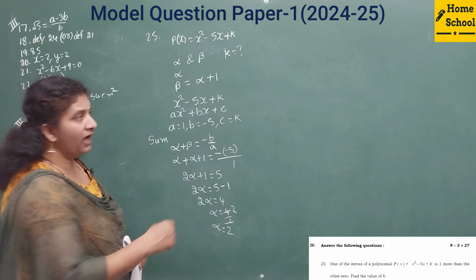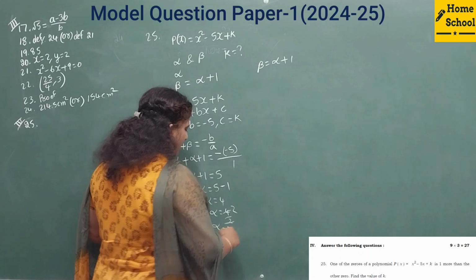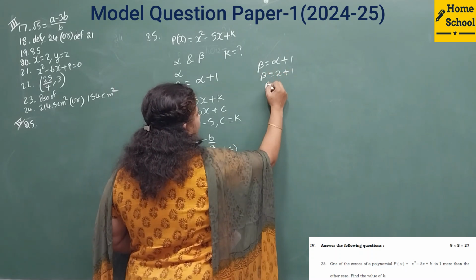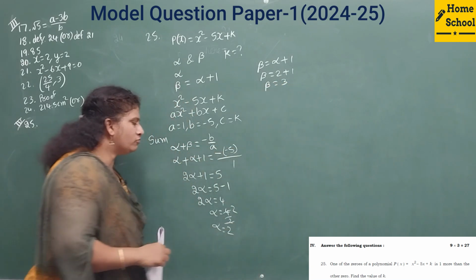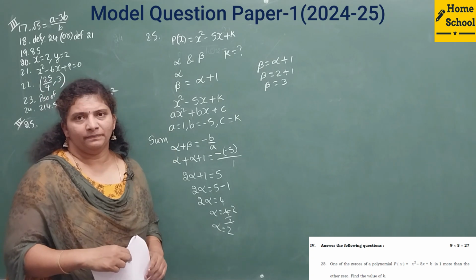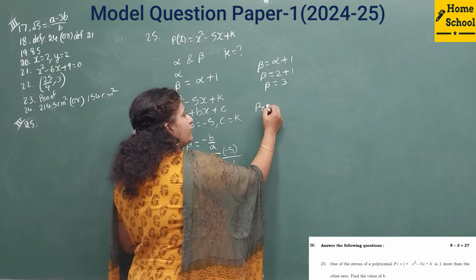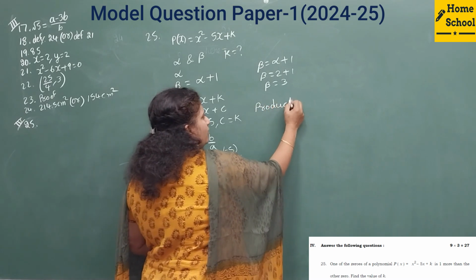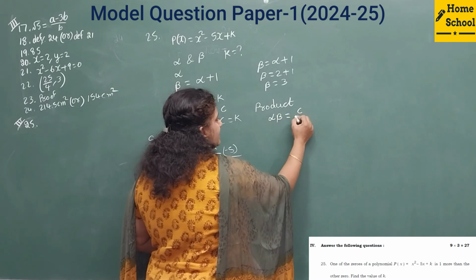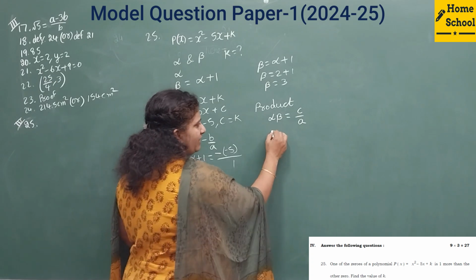Then what about beta? Beta is equal to alpha plus 1, right? So alpha value substitute. Beta is equal to 2 plus 1. Beta value is 3. Therefore, the 2 zeros are 2 and 3. Find the value of k. Find the value of k means you go with product of zeros formula. Product of zeros alpha beta is equal to c by a. Substitute alpha value and beta value.